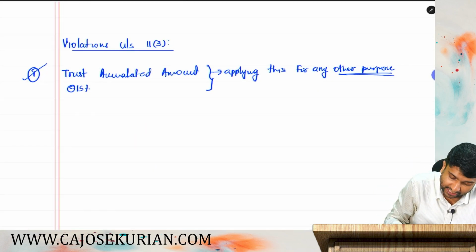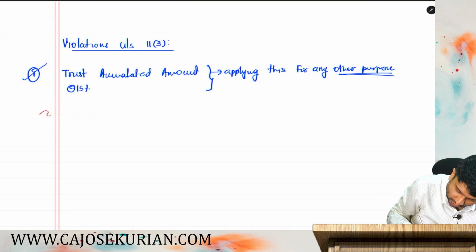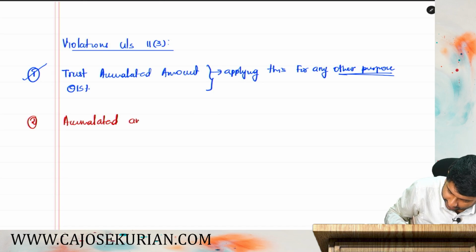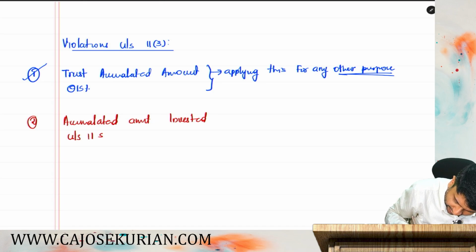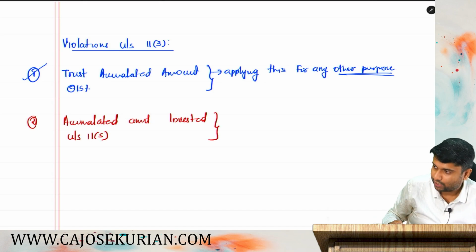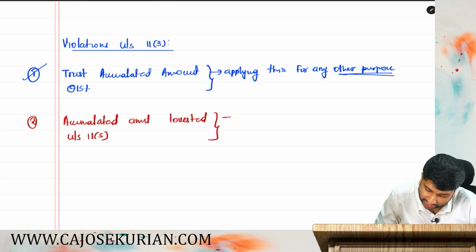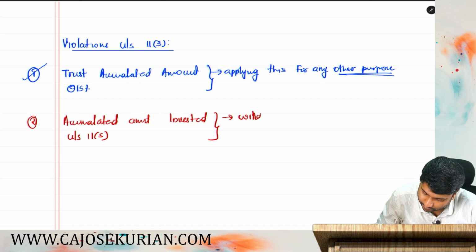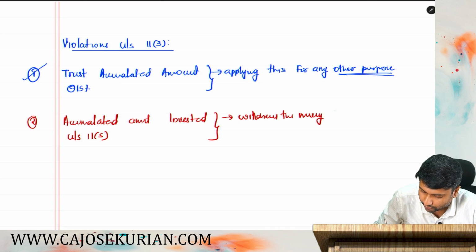That simply means, I've told you, all the accumulated amount has to be invested in modes specified under 11 subsection 5. Yes or no? If you have withdrawn the money, then what will happen?